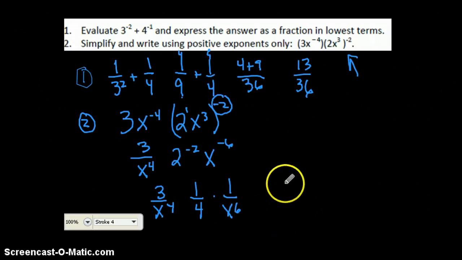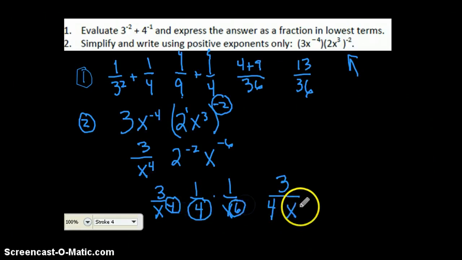Now that would be 3 over, now watch it, we have the numbers here, 4, and then we have x. Remember, it's x to the 4th times x to the 6th, which should be x to the 10th. So 3 over 4x to the 10th. That's what you're looking for as your answer for number 2.